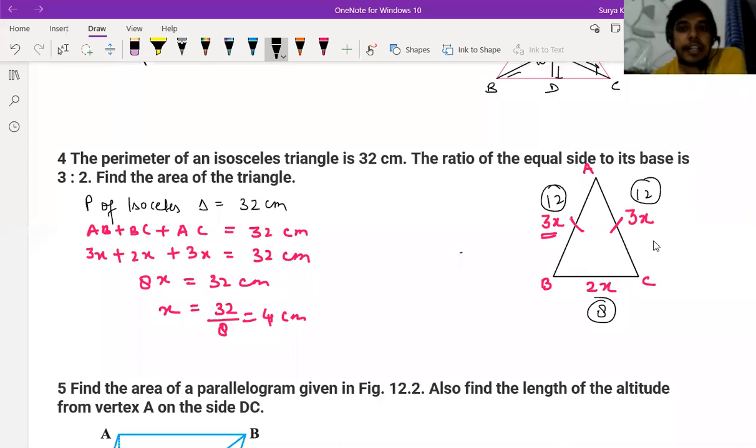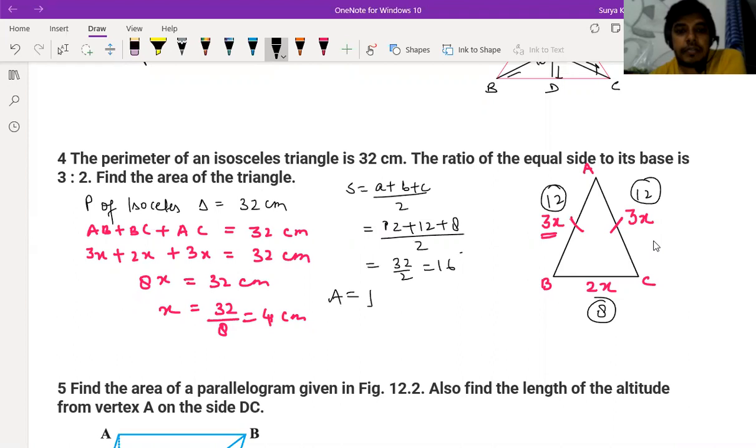Here we can write S is equal to (a plus b plus c) by 2. 12 plus 12 plus 8 divided by 2: 24 plus 8 is 32, by 2 is 16. Now we apply Heron's formula.